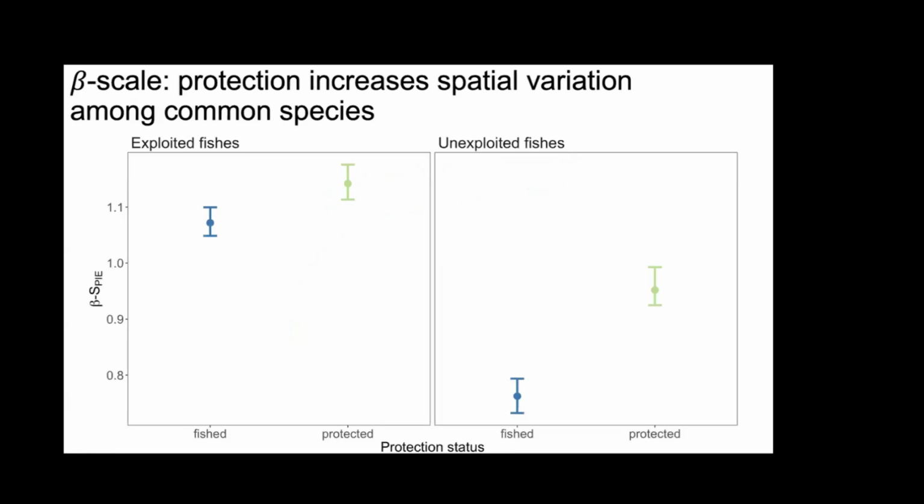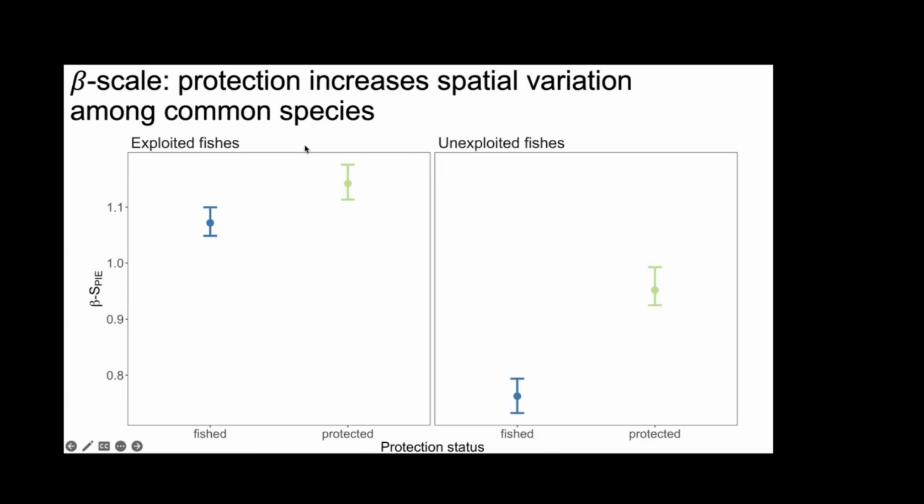When we combine those two scales, we get the beta scale. And so we really used a framework introduced by a fellow called Robert Whittaker, where beta diversity is the ratio of gamma over alpha diversity. And this just shows the beta diversity for one part of that rarefaction curve.